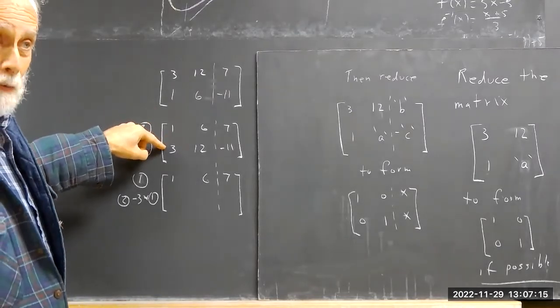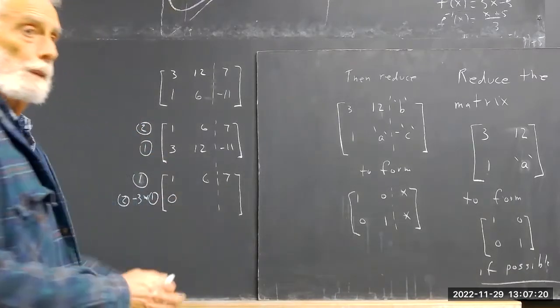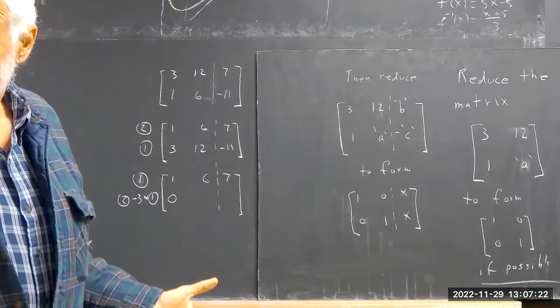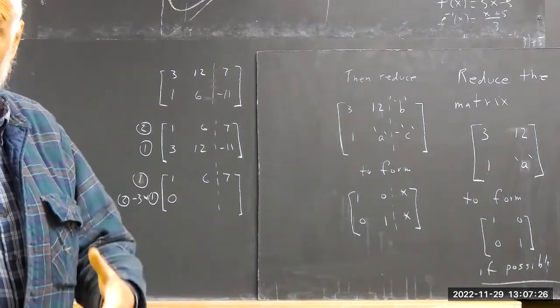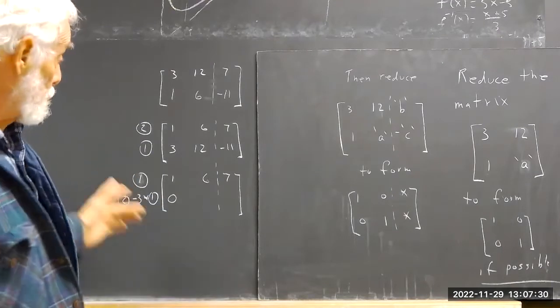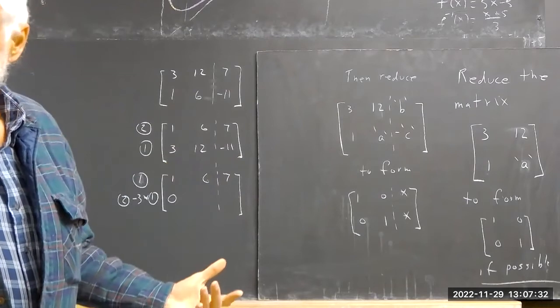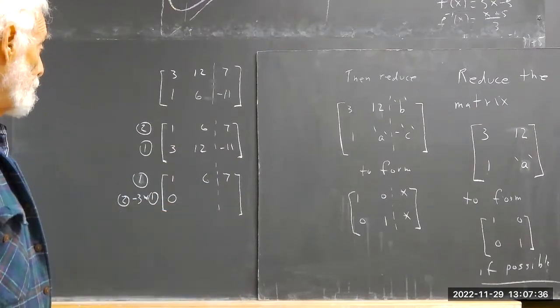When I add that to 3, I'm going to get 0, which is equivalent to eliminating my x. That's what everybody pretty much did. You eliminated your x when you did the equation. This is just shorthand for what you already have done. So I'm going to get a 0 here.